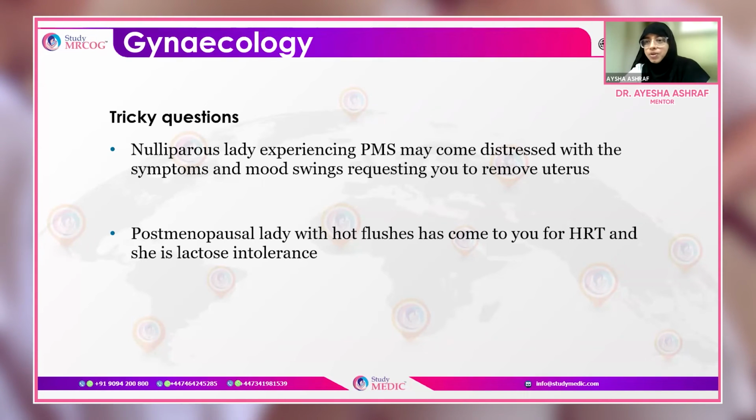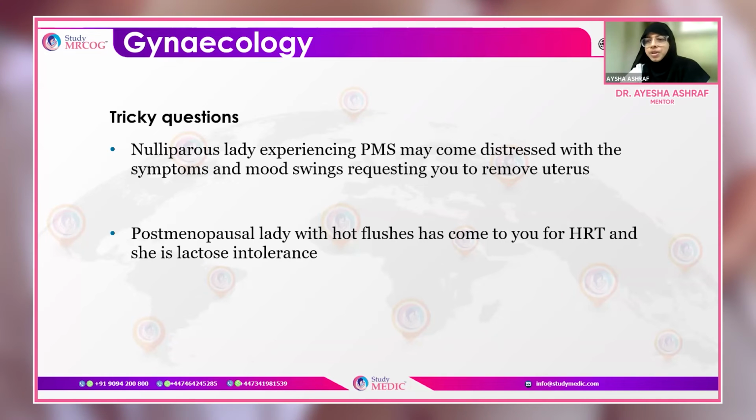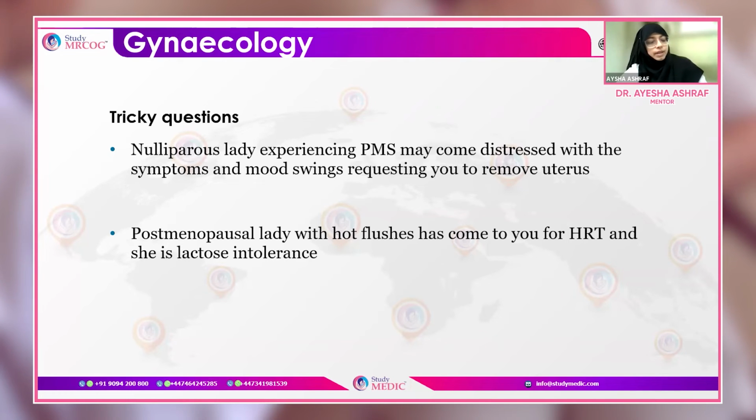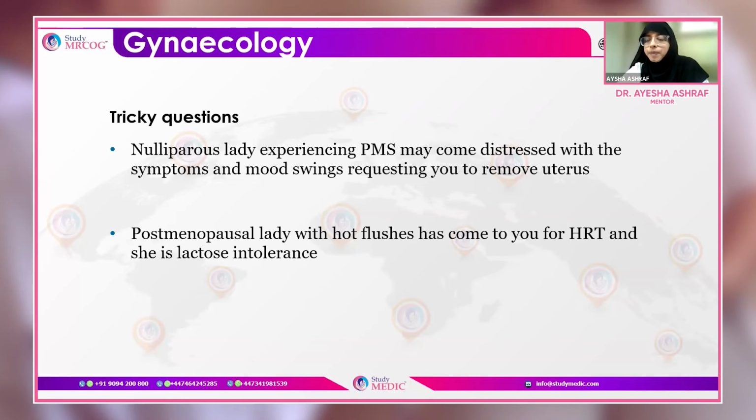First of all, you need to tell her that removing the uterus will not help in this case. It is the ovaries which are releasing hormones, and it is those hormones that are causing all these symptoms. So we have other options for you. What are those?